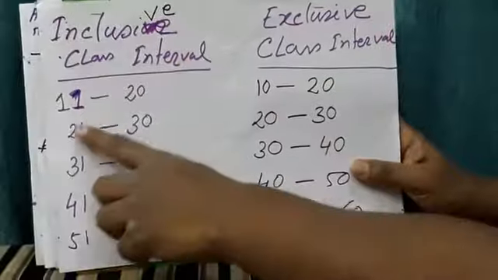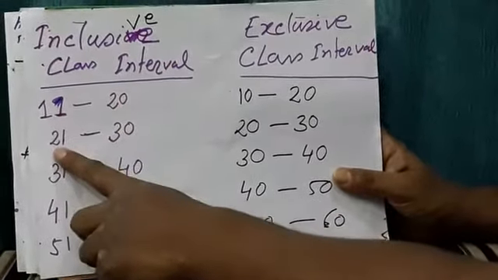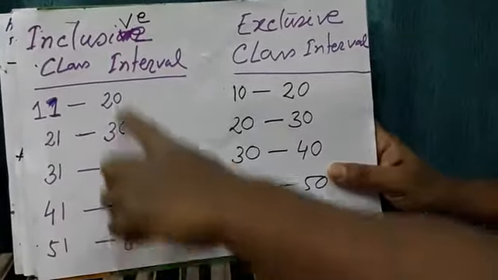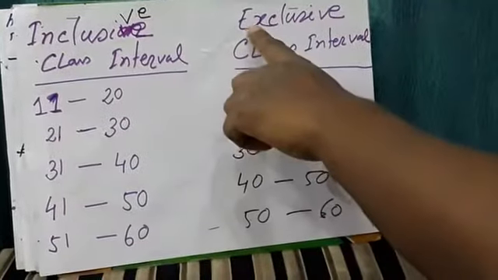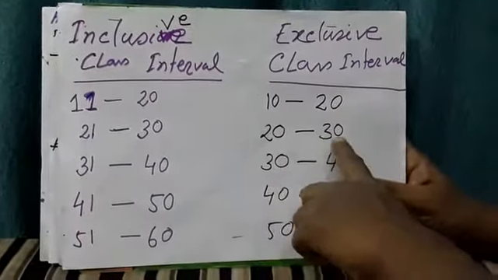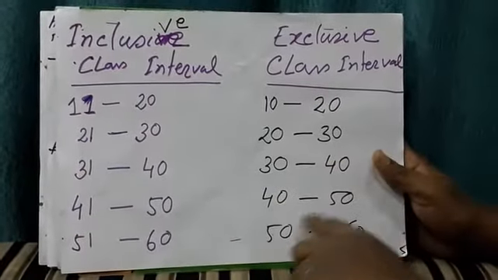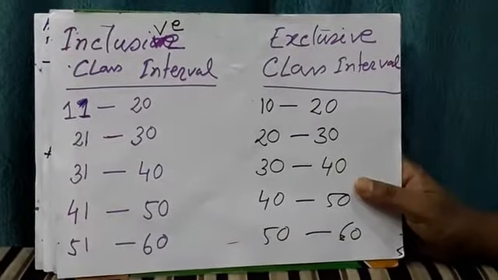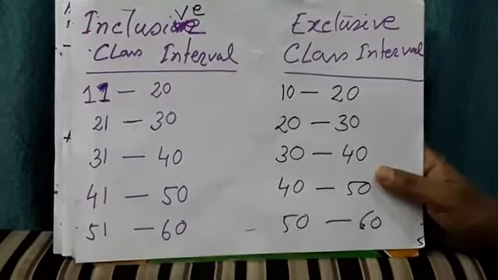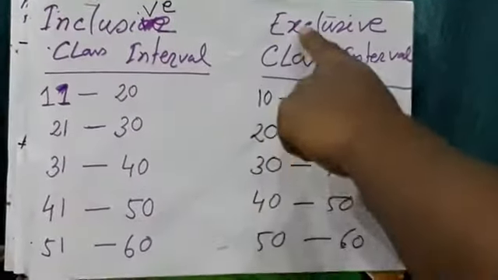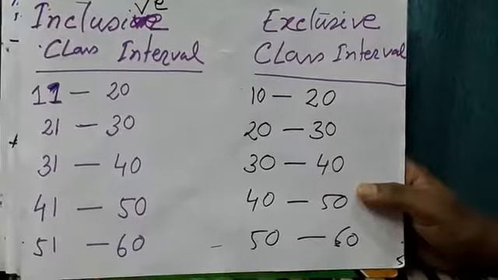Inclusive class interval means, suppose, 11 to 20, 21 to 30, 31 to 40 in this way, but there is no continuity. But in the case of exclusive class interval, 10 to 20, 20 to 30, 30 to 40, 40 to 50, 50 to 60. It means this formula can be applied for inclusive class interval as well as in exclusive class interval.